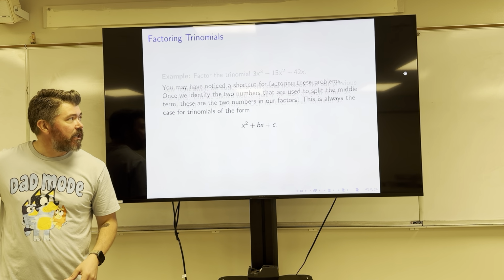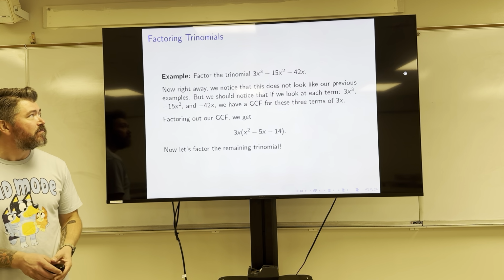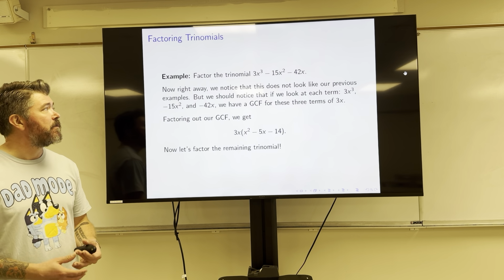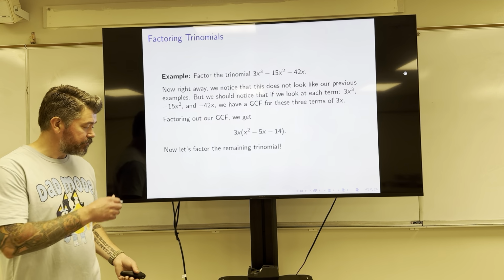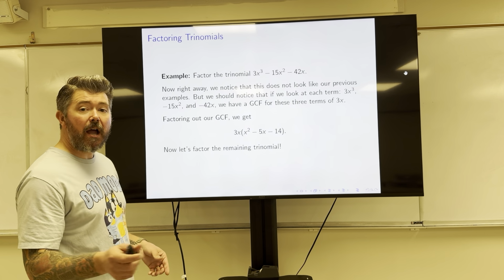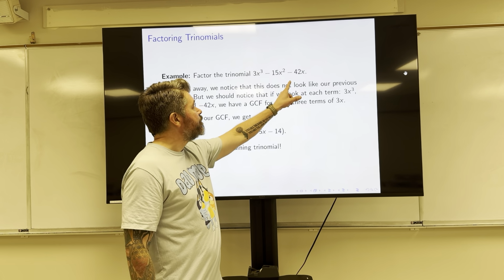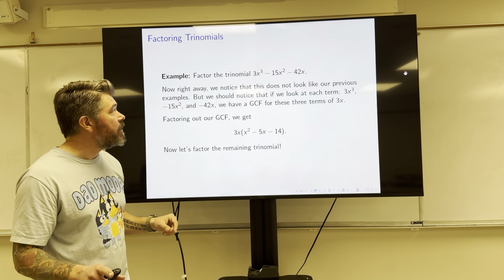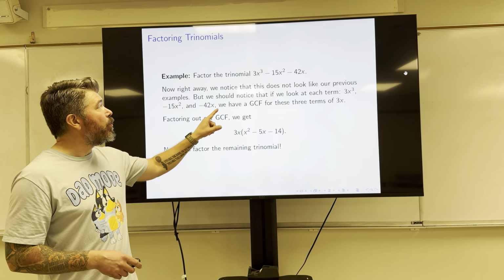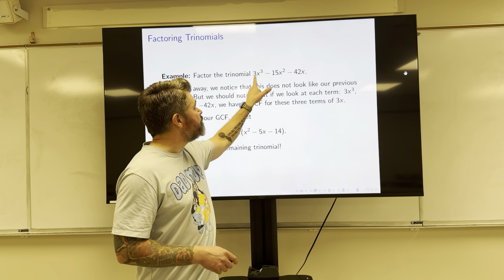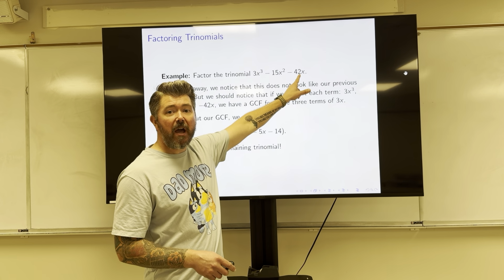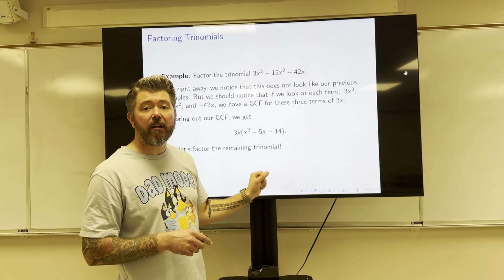Let's look at a more tricky one here. 3x cubed minus 15x squared minus 42x. Now, a lot of times students will go, oh, look at my first and my last. But this is a special case because we have to notice right away that they all have something in common.